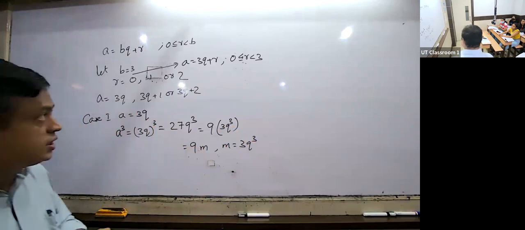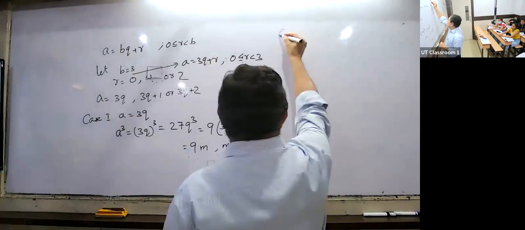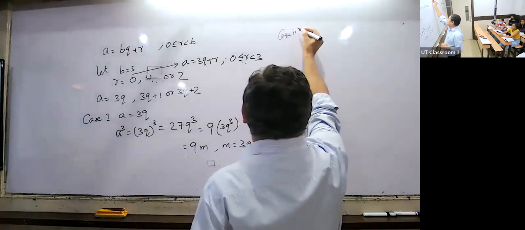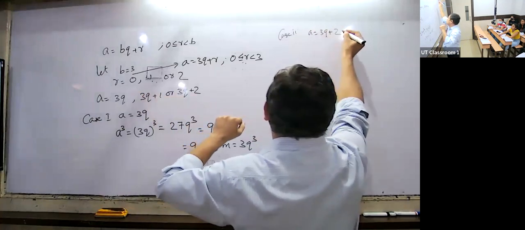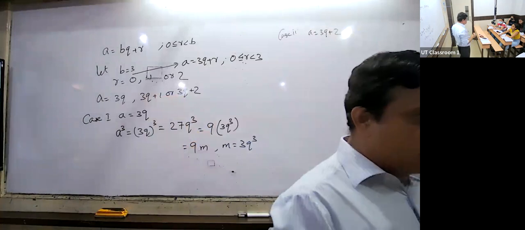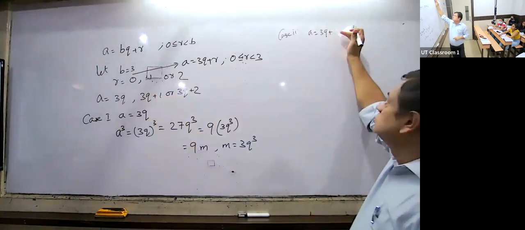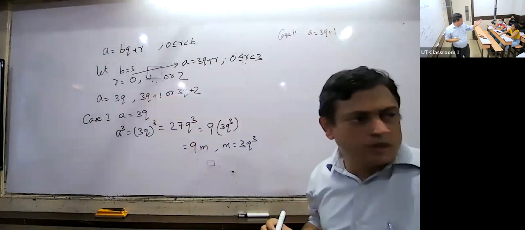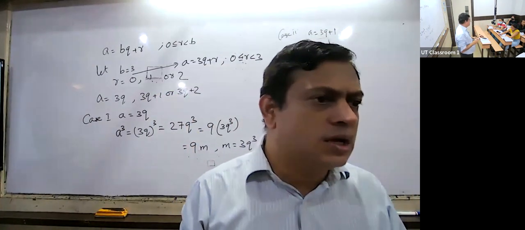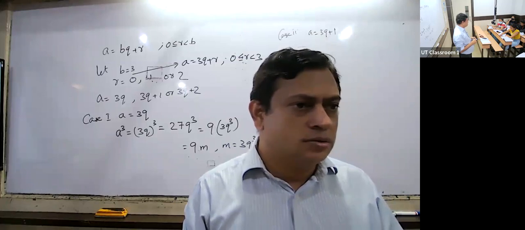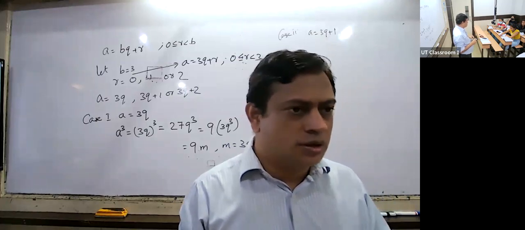Now I'm going to write case 2. Case 2 is, what is case 2? A is equal to 3q plus 1. Nobody is listening. Are you followed? Still you are searching. What is the doubt? Tell now.